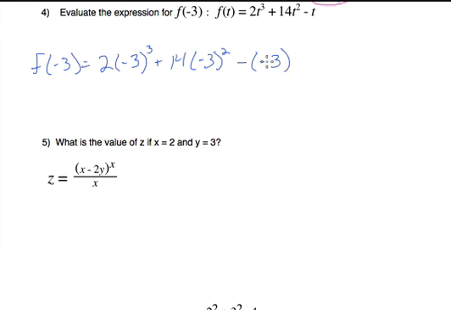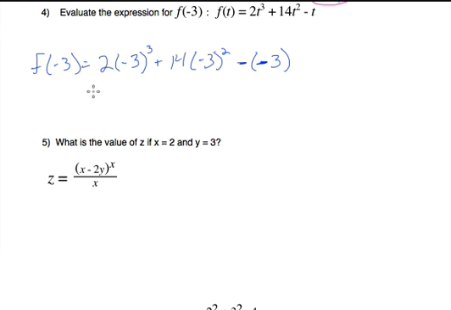It helps so much if you put the value of your variable in parentheses, so you don't make mistakes like this. See, right now it's very clear that you have minus negative 3, whereas if you just put negative 3 here, you might have just written minus 3.